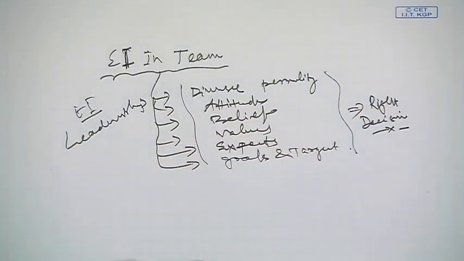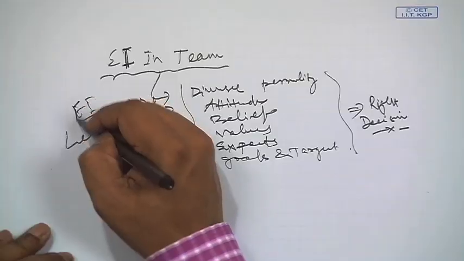So, we will be discussing more of how EI is also essential for developing effective leadership. Maybe in our next lecture we will look into this, but EI is very much essential.